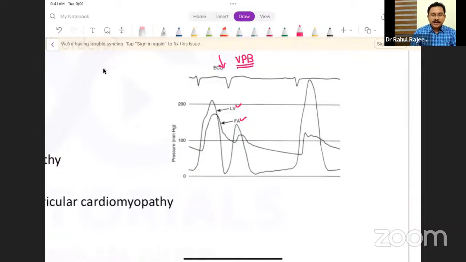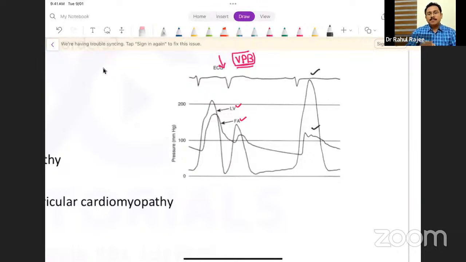Following the ventricular premature beat, what is happening to the pressures? You can see that there is an increase in the left ventricular pressure, and there is an abrupt fall in the systemic arterial pressure. That is, the femoral artery pressure, or the aortic pressure, is coming down. So you can say that there is a decrease in the pulse pressure as well.